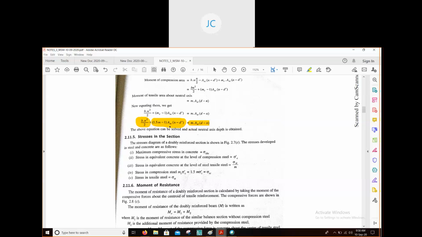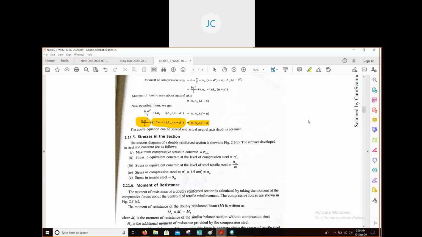Asc means area of steel in compression. That means if you provide two bars of, say, 16 mm diameter on the compression side, that means at the top portion of the beam, Asc will be 2 into pi by 4 into 16 square. Simply, Asc means area of steel in compression.